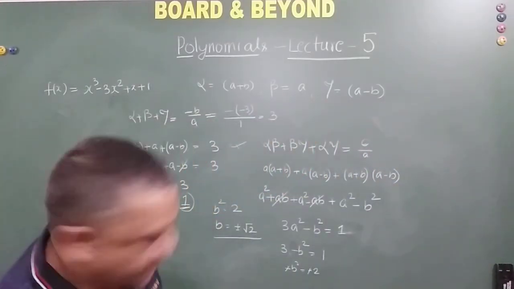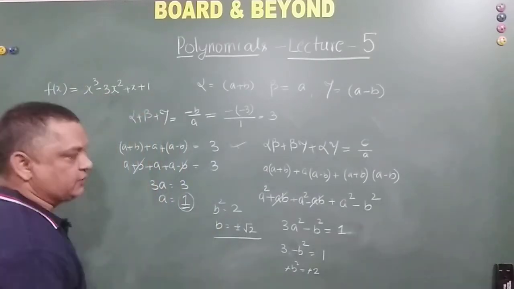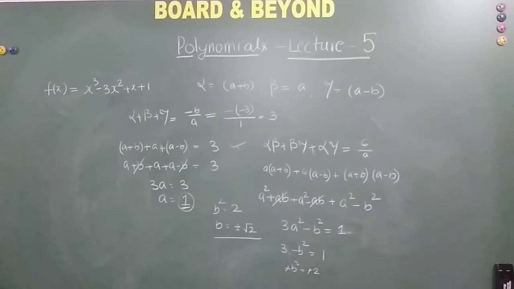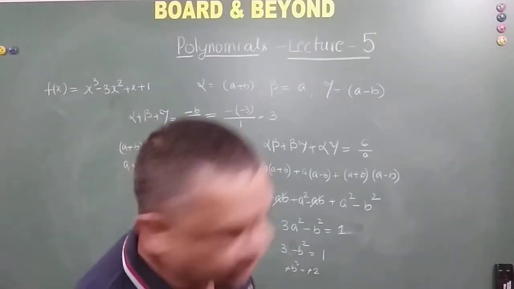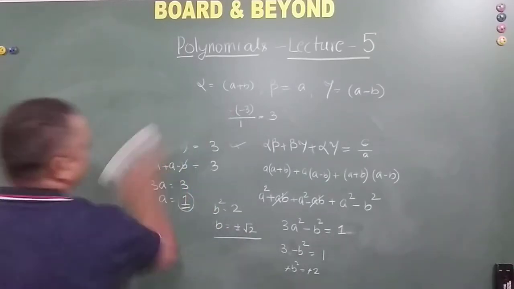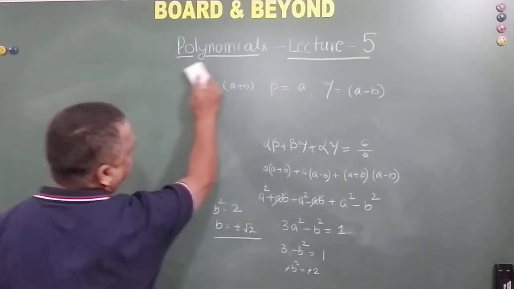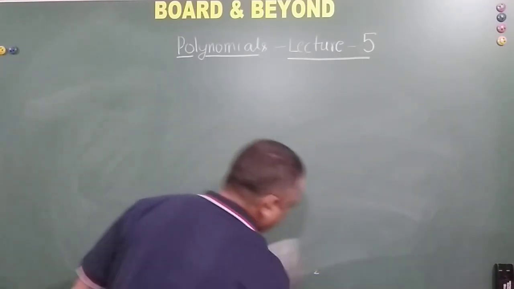So a and b we have found out. So a is equal to 1 and b is equal to plus or minus root 2. So that is where we have to leave this problem, because we were asked to find out the values of a and b. So now let's move further and attempt the next question.